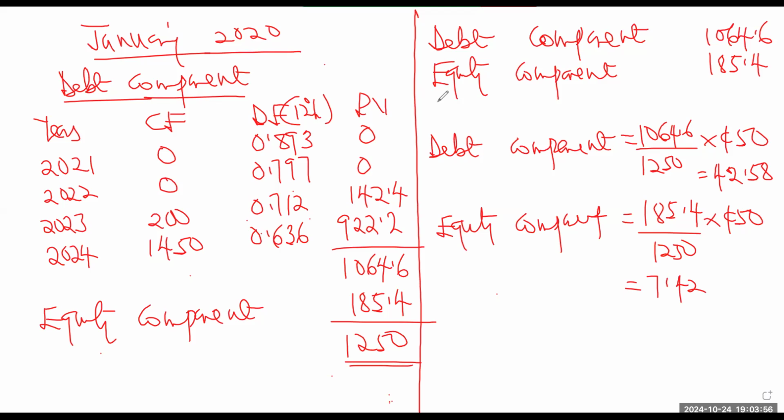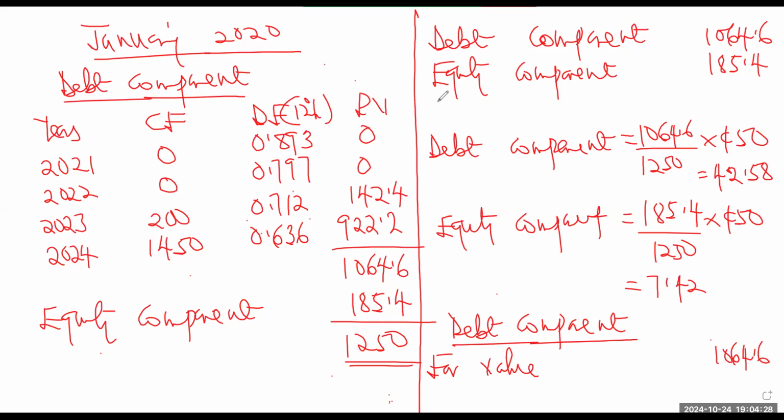So you come here, your net figure for the debt component will now be the purchase price, or let's say the fair value. Let me use fair value for the debt component. That will give us 1064.6, isn't it?